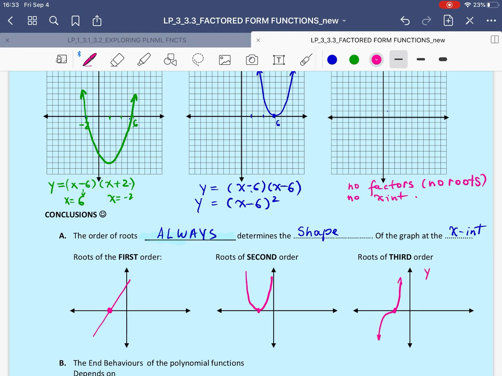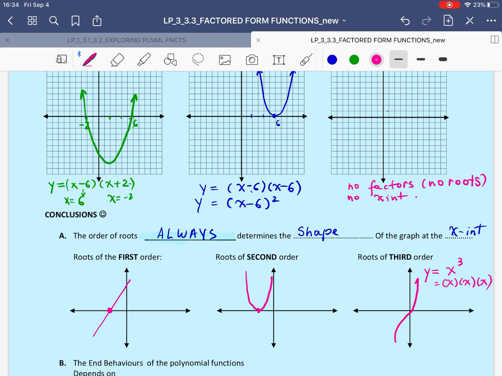And that's not too difficult to see or understand if we look at the equation of y equals x cubed this way. Y equals x cubed is x times x times x. So what we have in here is a cubic function of third degree.